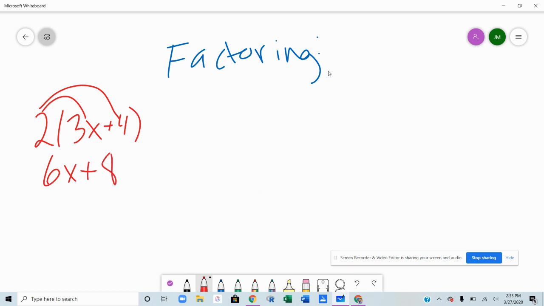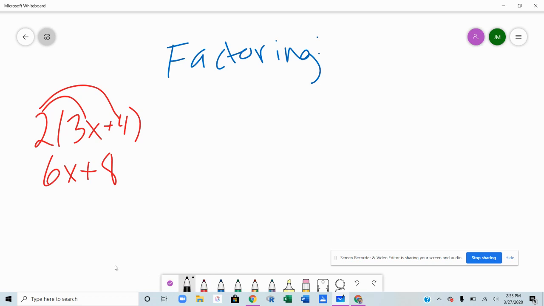Factoring is the opposite. It's like you're dividing. Your start is this, and your final answer will look like this. Okay? So let's go ahead and factor.